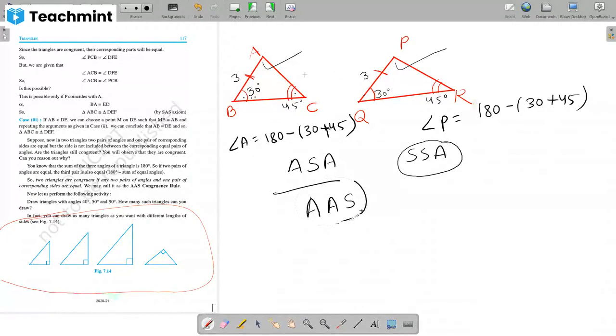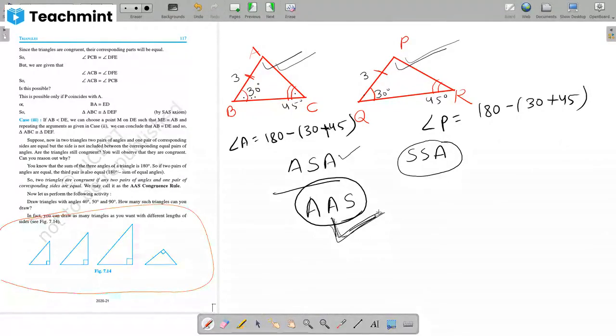And the reason is this: if two angles of a triangle are equal to the corresponding angles of another triangle, then the third one will automatically be equal. That is why angle side angle is a criteria, but angle angle side is also a congruency criteria. Did you understand? Are you getting my point?